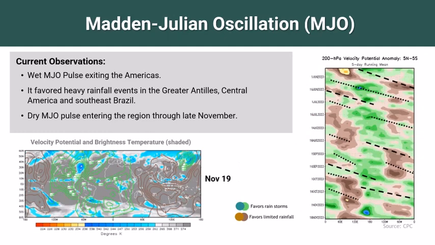Looking at the Madden-Julian oscillation, so propagation hasn't been as perfect as it can get, but it has improved, and the Madden-Julian is propagating. We actually got this wet pulse that crossed the Americas in the last week, and it's still crossing the Americas. We can see on the graphic here on the left, the green is enhanced upper divergence, which tends to favor wetter conditions. And this is from November 19, 2 days ago.